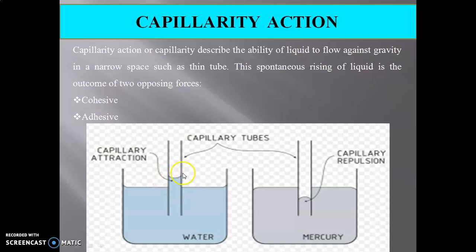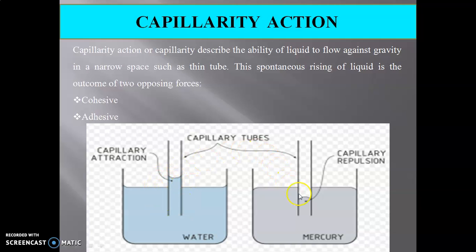We will observe here that the upper surface of the liquid becomes concave. That is, the height of the liquid at the contact area is higher than at the center of the tube.